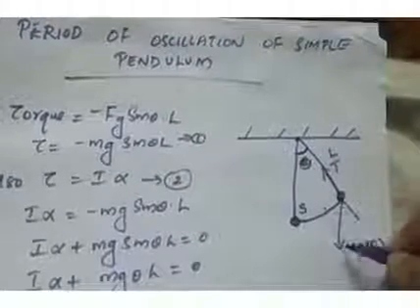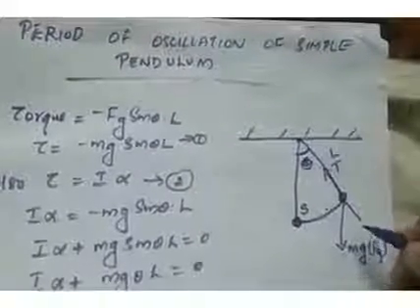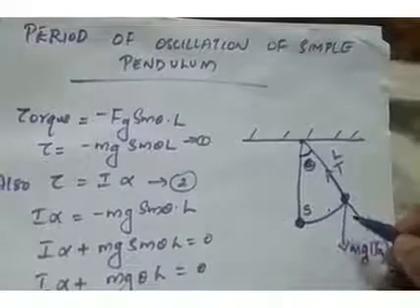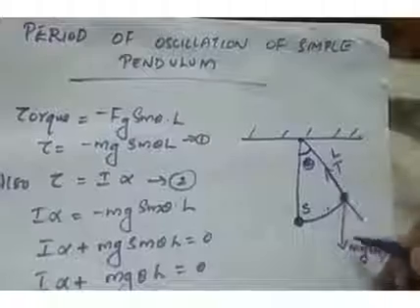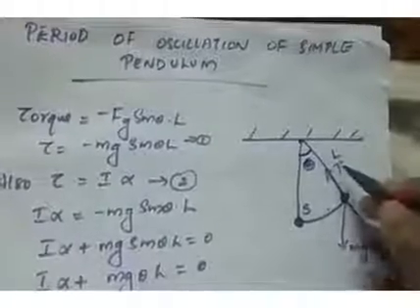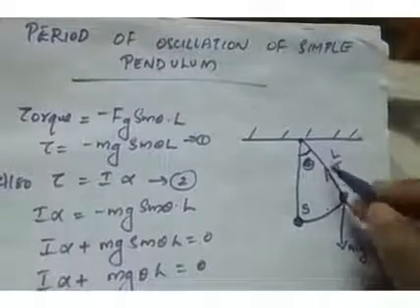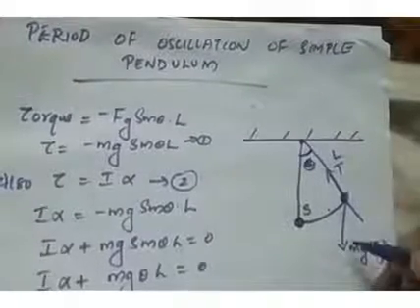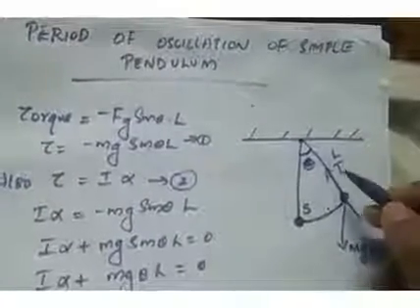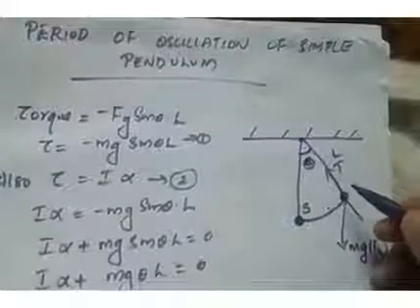Now this gravitational force can be resolved into two perpendicular directions, because here you can see two forces are acting on the bob. One is the tension of the string, which is along this direction, and another one is the weight of the bob, which is acting vertically downwards. So both the forces are acting along different directions.